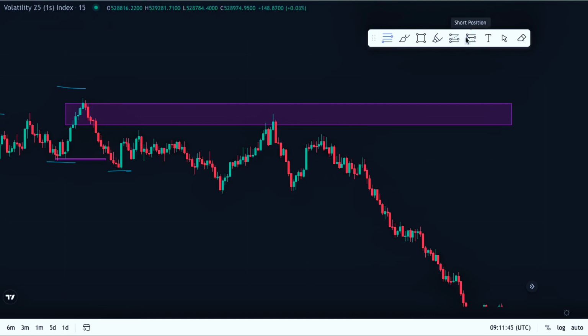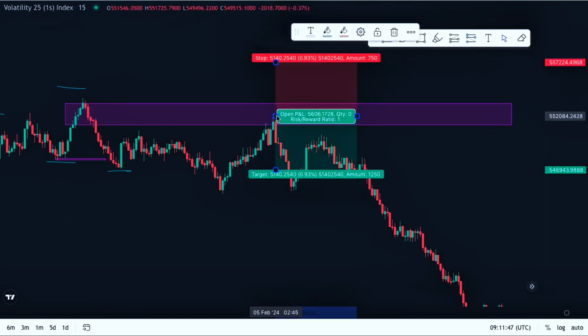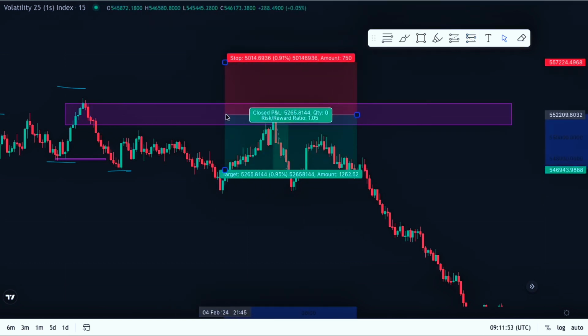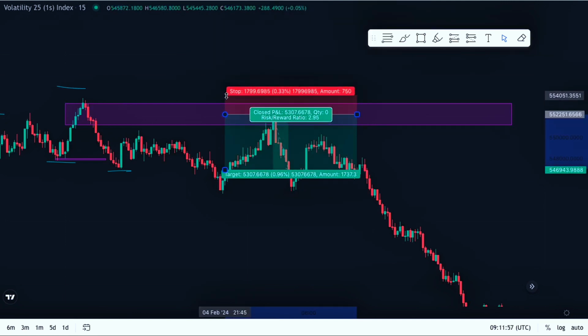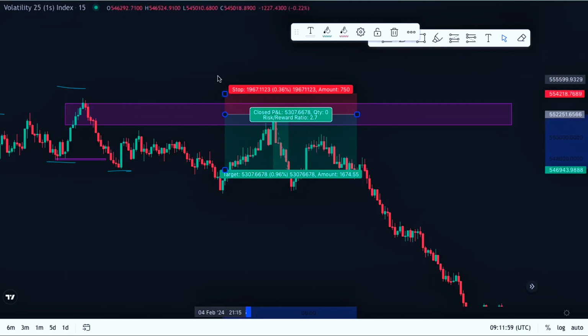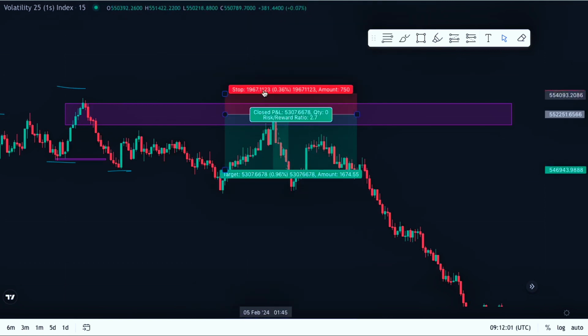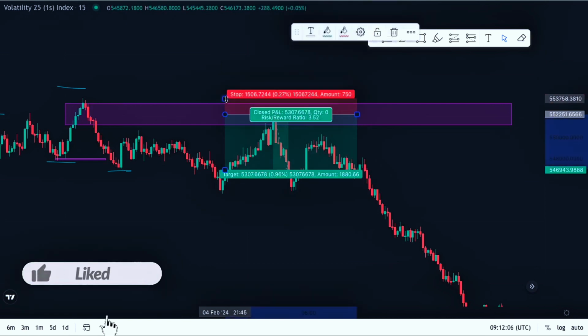So for our entry, we'd take the half of this order block, like here. And then our stop loss is at the top of the order block, something like that, slightly down.